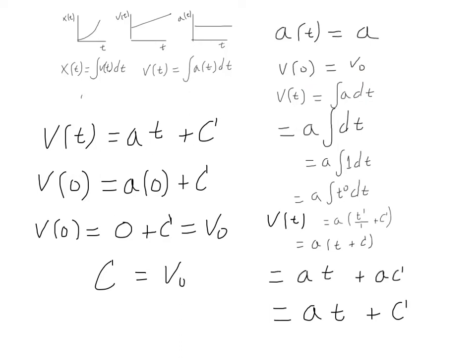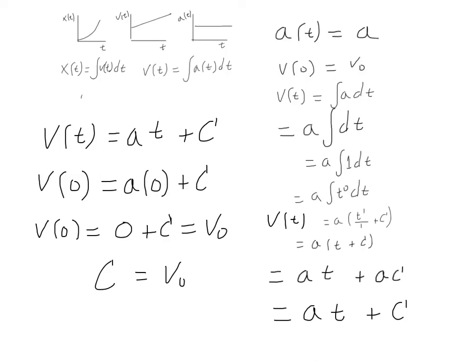And this is what you always do for boundary conditions. If you get v of 0 equals v naught, as soon as you get your equation for v, it's going to have some unknown constant c in it. What you do is you plug in 0 into the equation and set that equal to whatever they tell you it's equal to, and that will allow you to solve for c. And in fact, we know now that c equals v naught, and the only way we know that is because we had this initial condition, this boundary value.